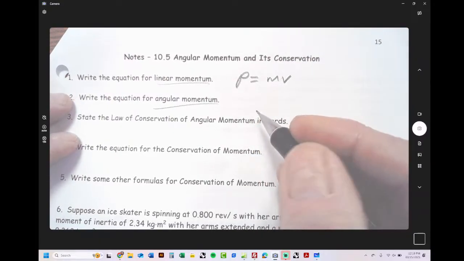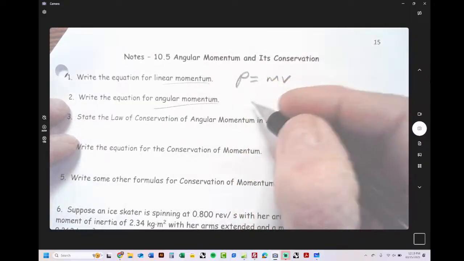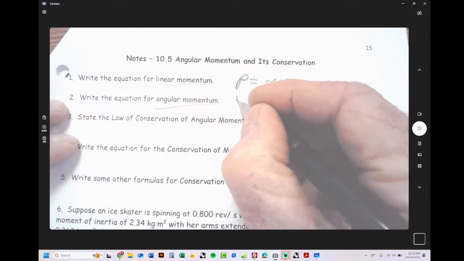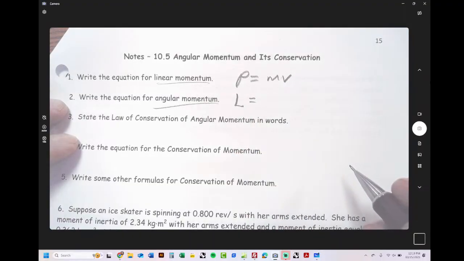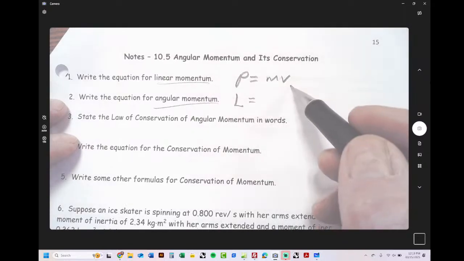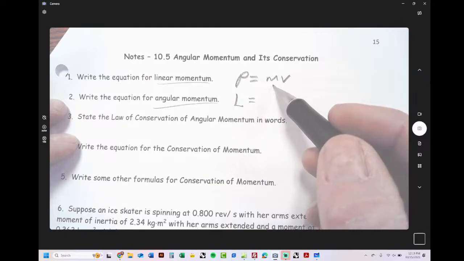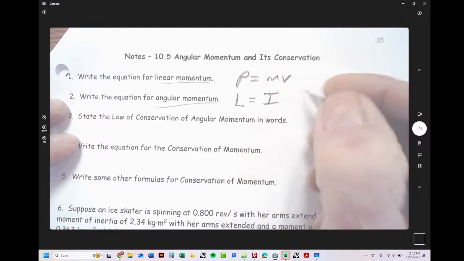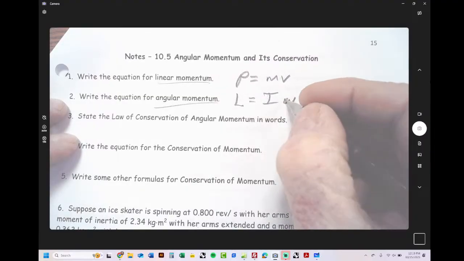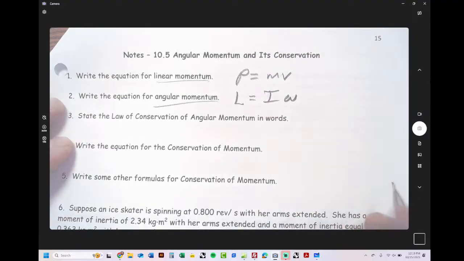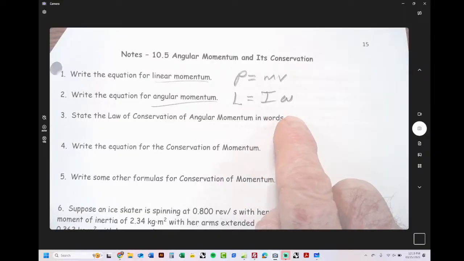So angular momentum, I have no idea why, but the symbol is capital L for angular momentum. And instead of mv, guess what it is instead of m? It's I. Guess what it is instead of v? It's lowercase omega. So this is angular momentum.